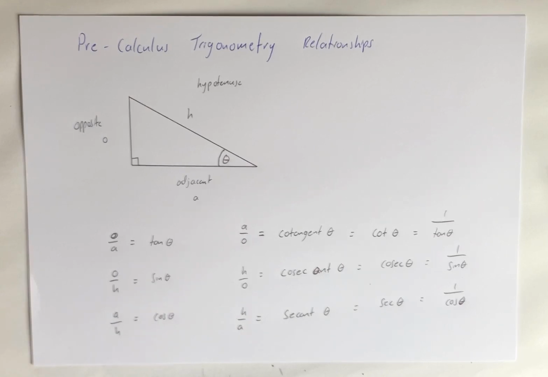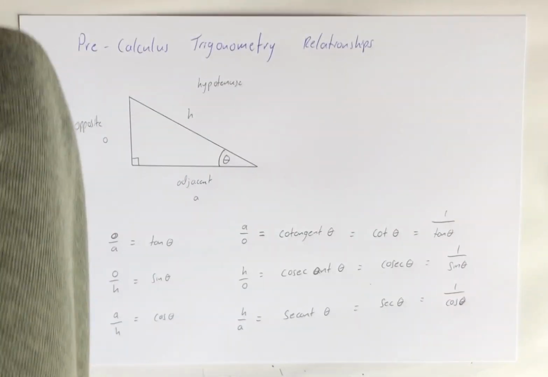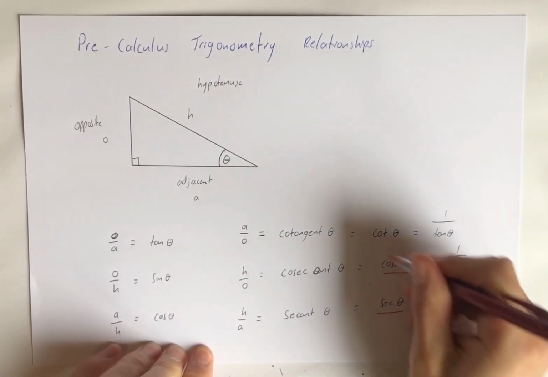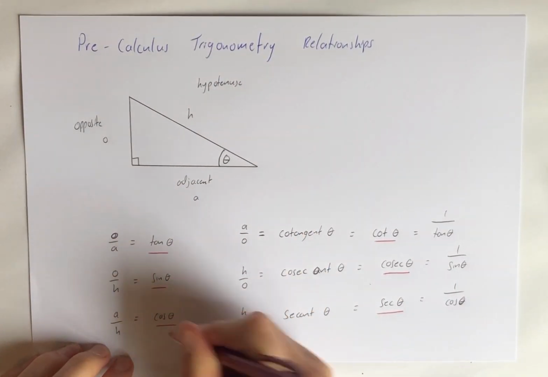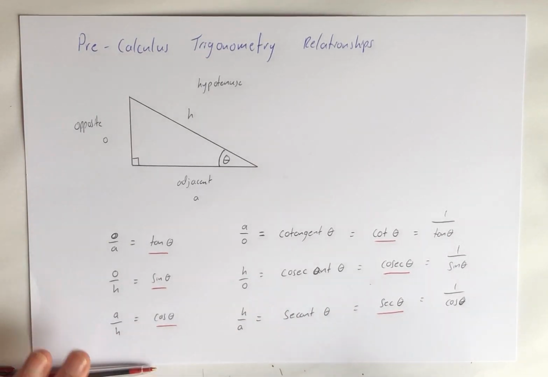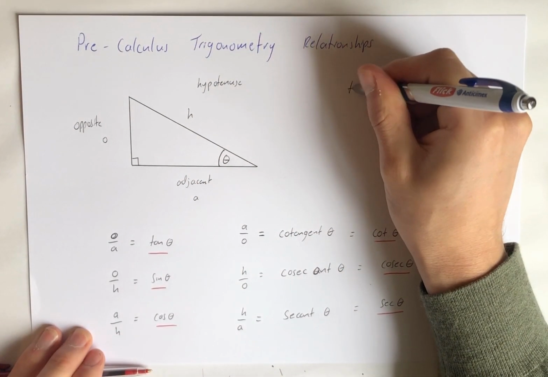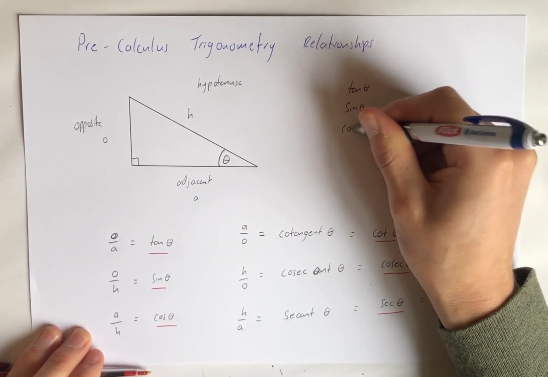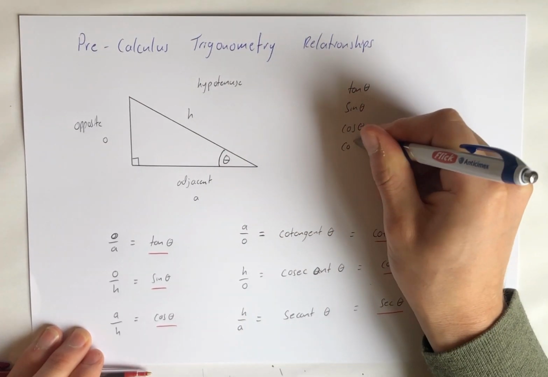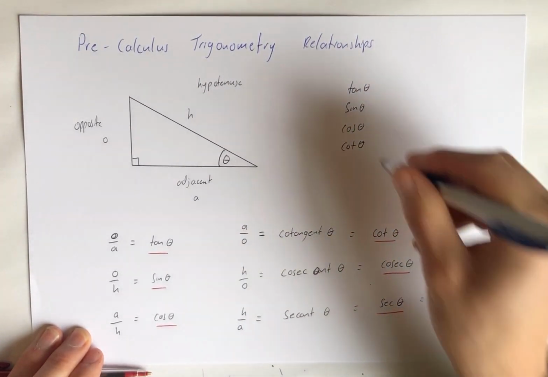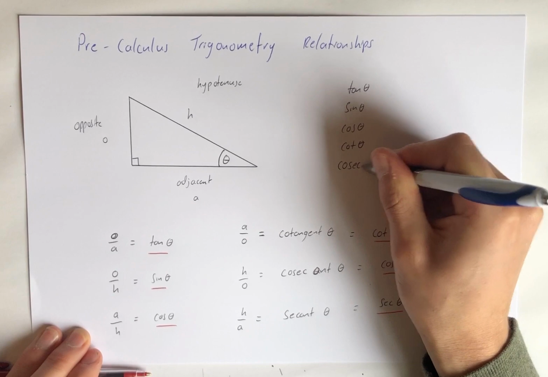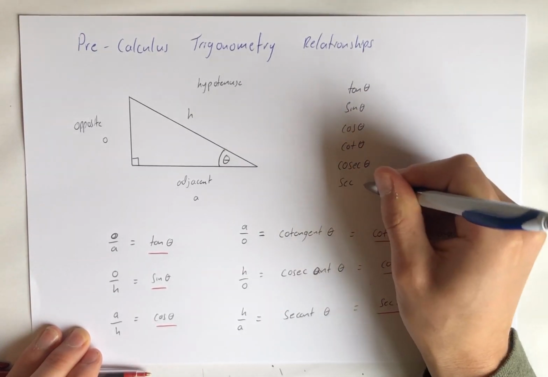So we'll go through the 1, 2, 3, 4, 5, 6 trig functions. So we have tan theta, sine theta, cosine theta, cot theta, so that's just 1 over tan, cosec theta and sec theta.